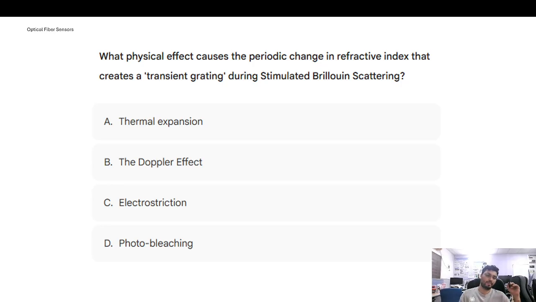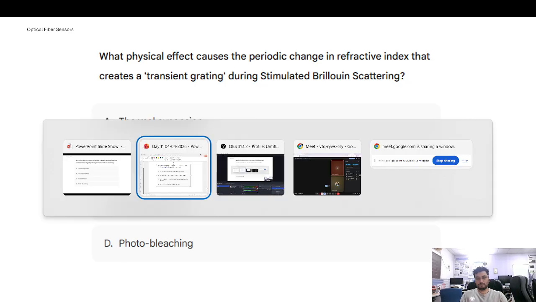Give your answer. Doppler effect, option B.